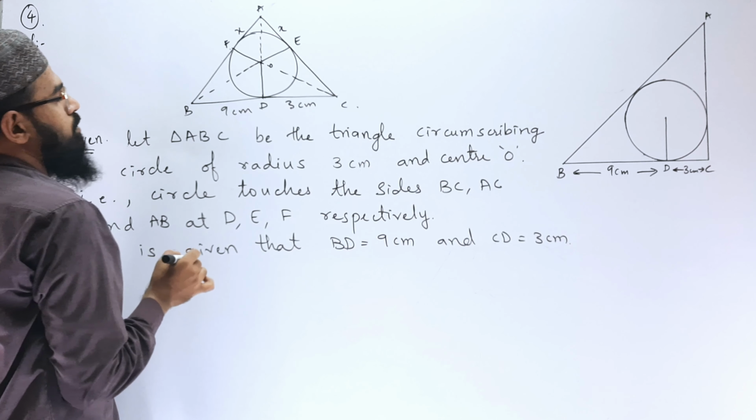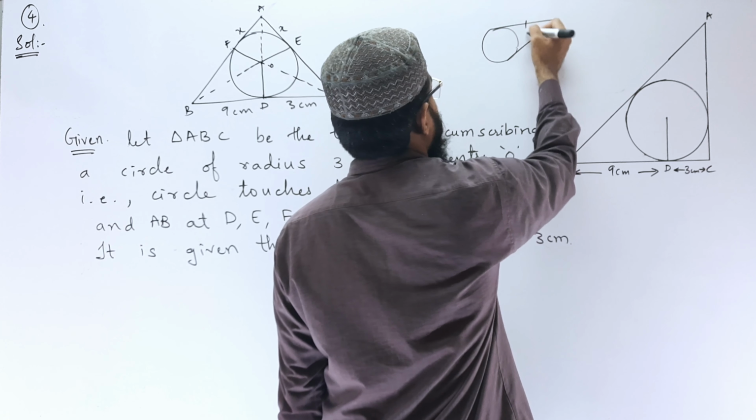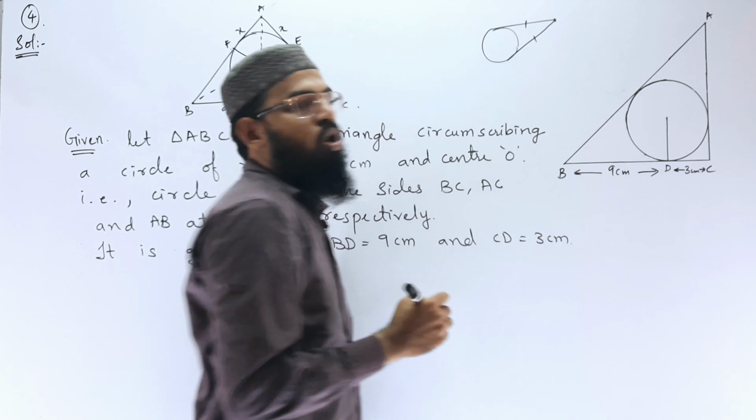Here we have to remember one point, that if we draw two tangents from an external point, then the two tangents will be equal. Suppose there is a circle; if we draw tangents from an external point, these two tangents will be of equal length. So here BD and BF are of equal length. BD equals BF equals 9 centimeter.